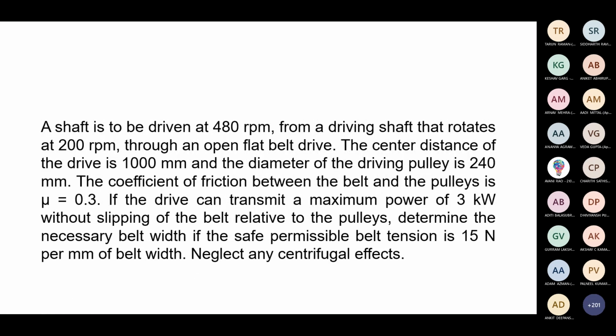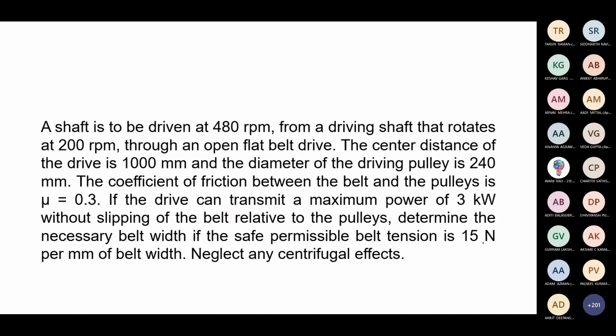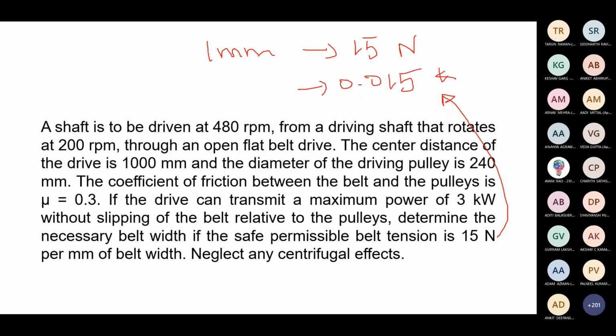Correct. Yes, sir. So let us do some comparison here. If 1 mm can bear a load of 15 newtons, how much of kilonewton is it? 0.015 kilonewtons, isn't it?